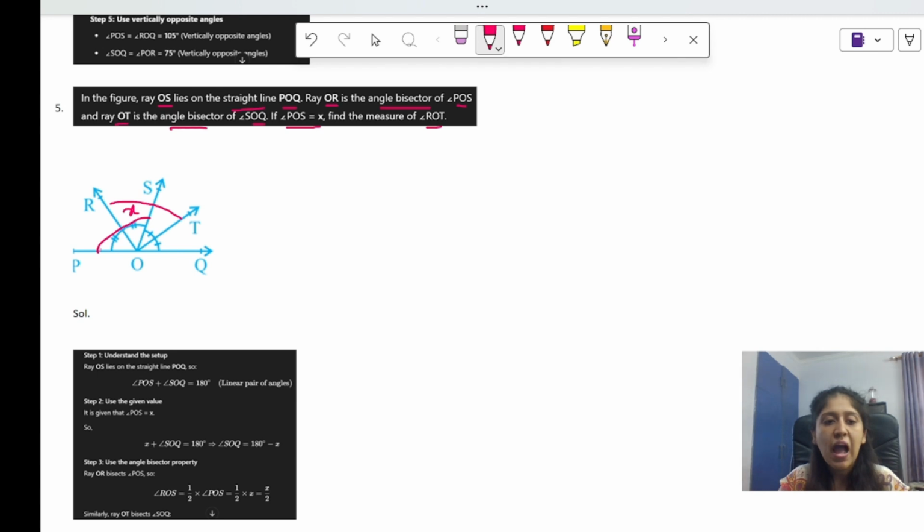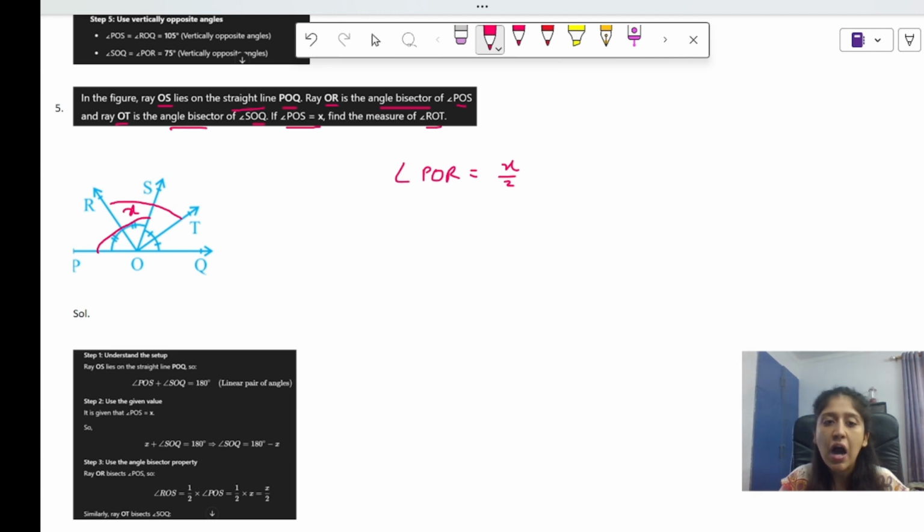Okay. Now, as my POS is given X, can I say my angle POR is X by 2? Yes. Why? Because I told you that POR and SOR are equal. And if I see POS make an angle that is equal to a sum of POR and ROS.